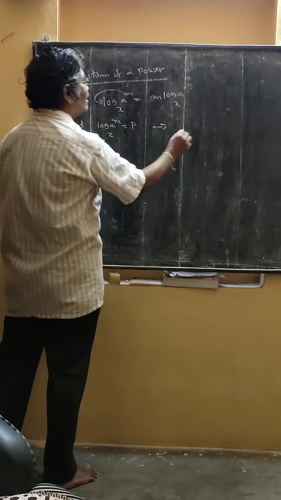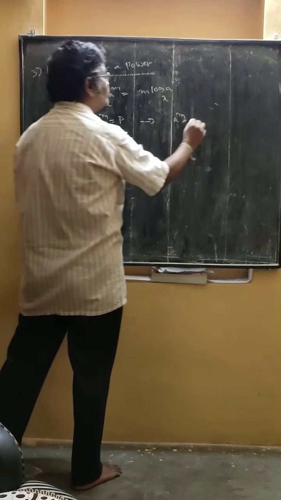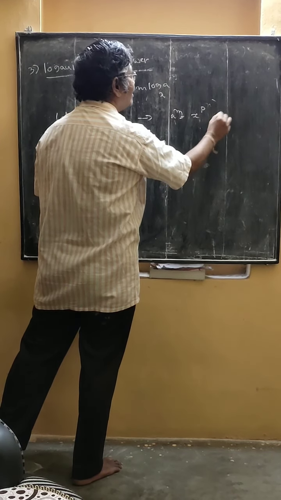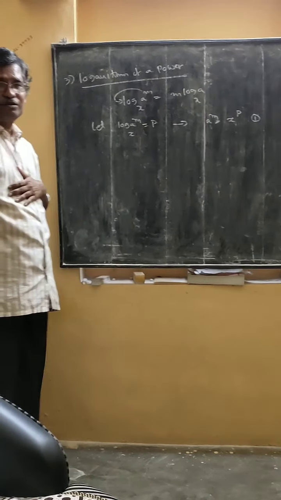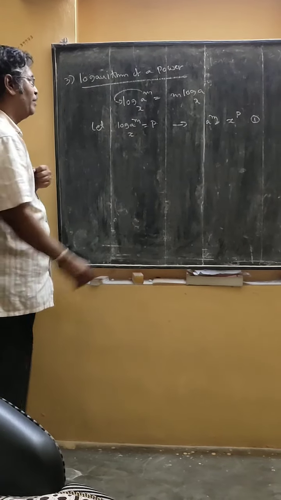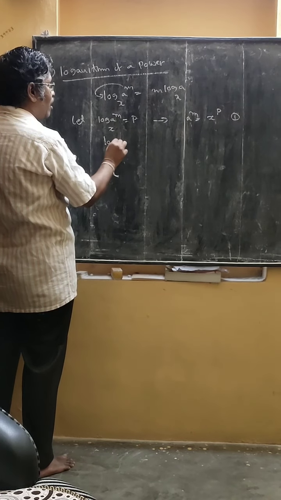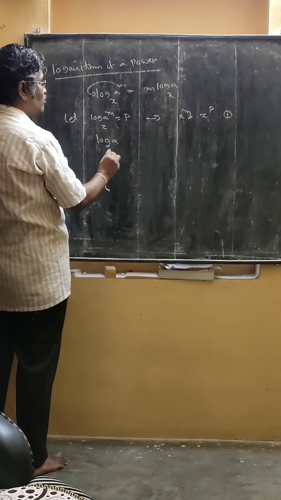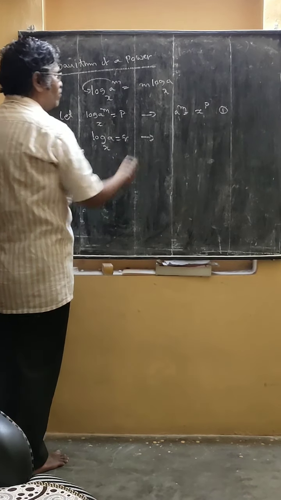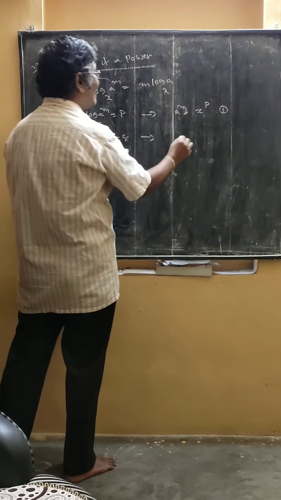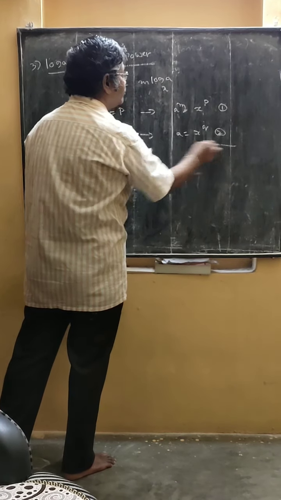A power m is equal to x power p, equation 1. Then one more: log a to the base x is equal to q. Converting into exponential form, a is equal to x power q, equation 2.